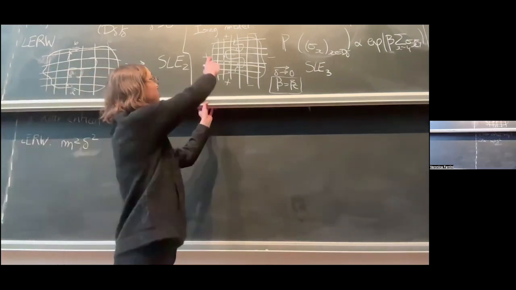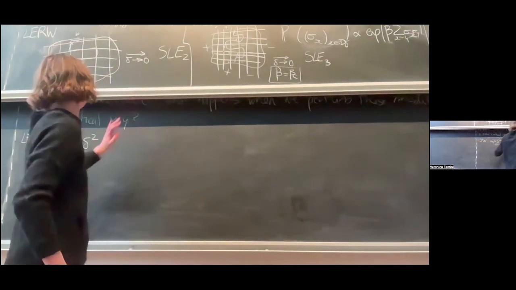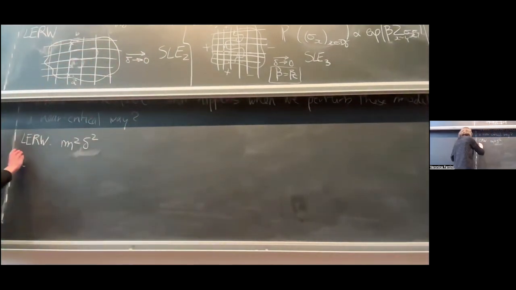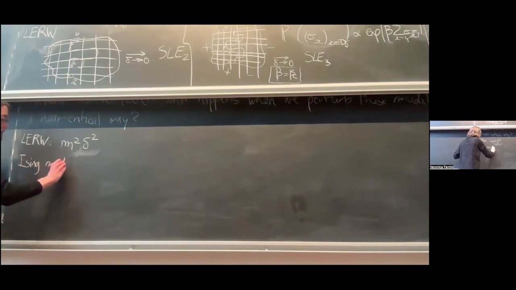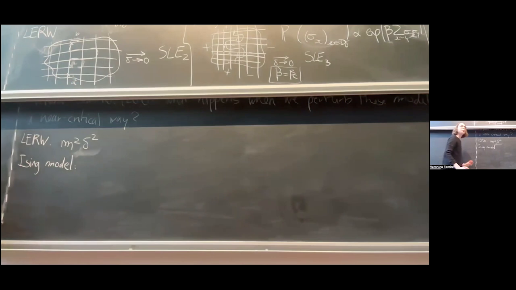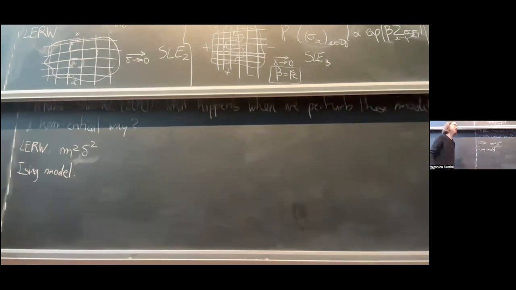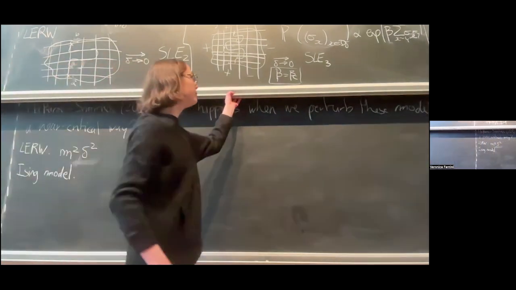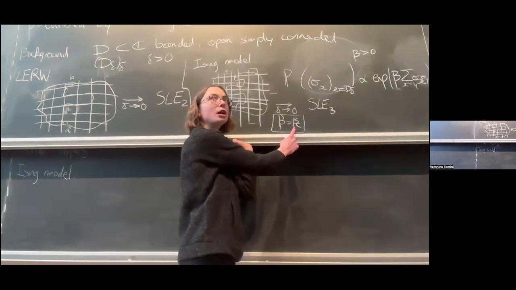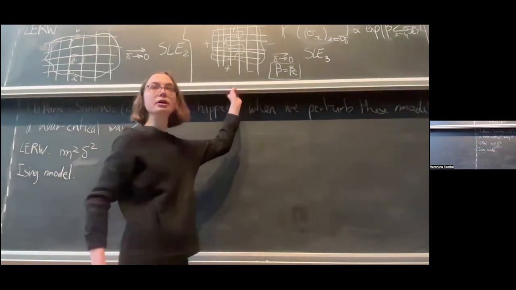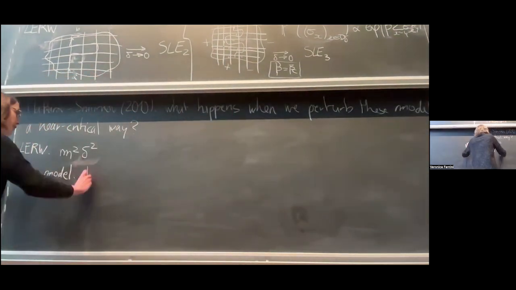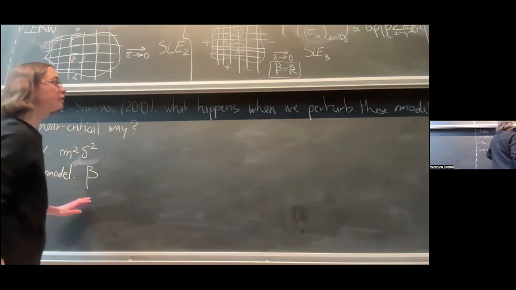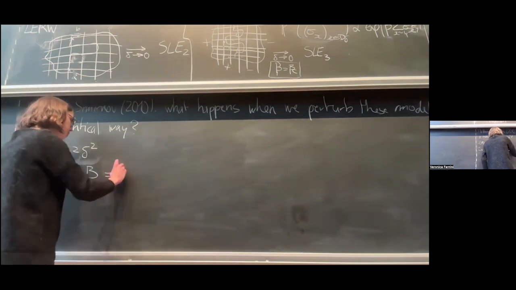Then you could play a similar game in the case of the Ising model. But now somehow you have two natural ways of perturbing the model. The first one is to be a bit off critical in a thermal way. So instead of being exactly at the critical inverse temperature, go a little bit away.